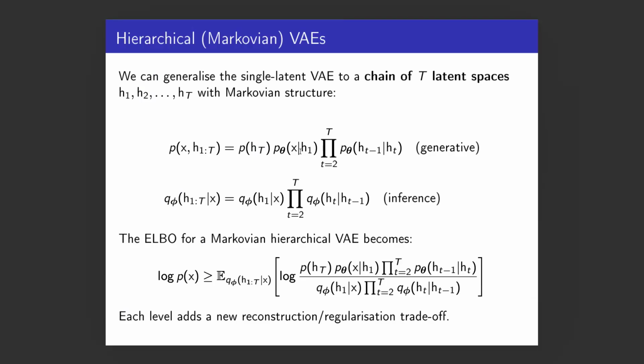You have the transition from h1 to x, and then all the other ones. And then we need these guys. So that means that we will have a q of phi from the first latent space to the final one, given x. If you go back to that figure, which we drew in a very schematic way, this is just setting up the mathematical expressions for the various terms. And these are just the products of these terms.